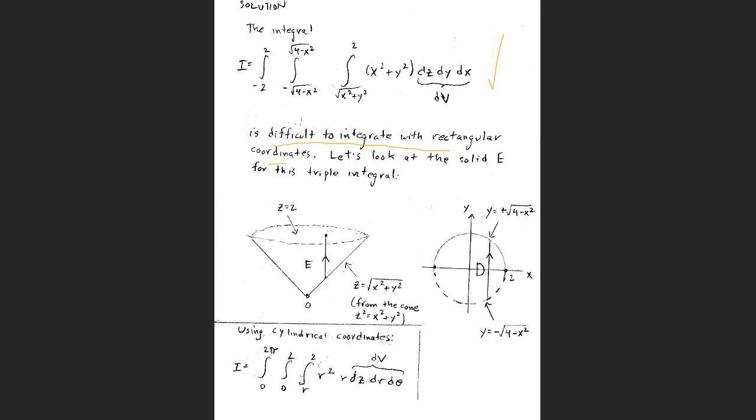I rewrote the solid E and the region D here, and then this would be the triple integral in cylindrical coordinates. Let me give you a moment to copy this down. Let me know if you have any questions, please.